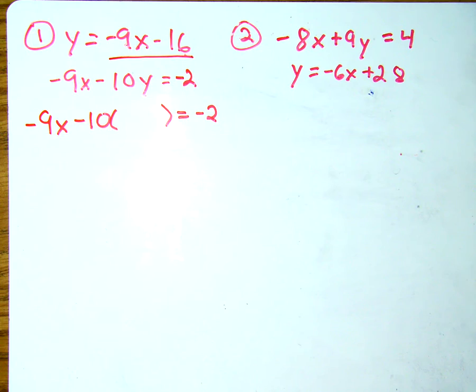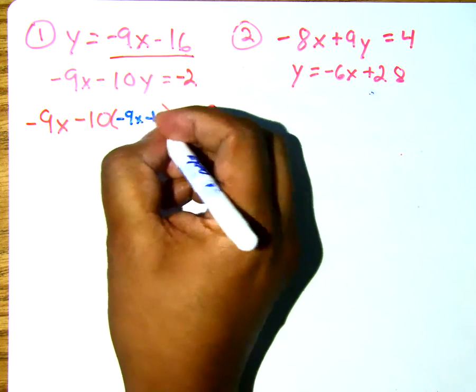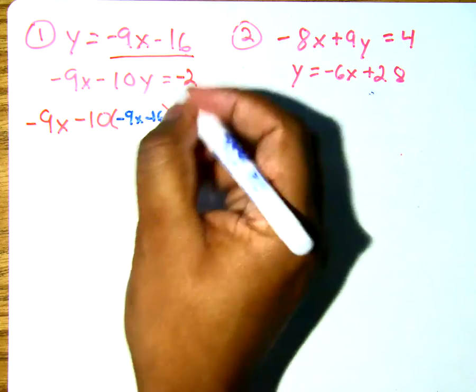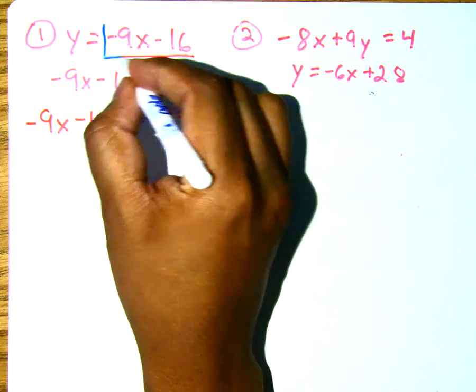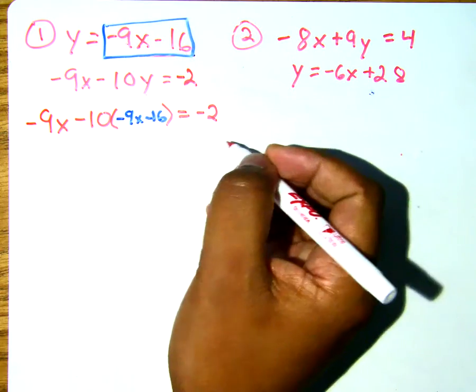So now I'm going to go ahead and plug in the negative 9x minus 16 in here for y. Okay, now I'm just going to solve for x like any regular equation.